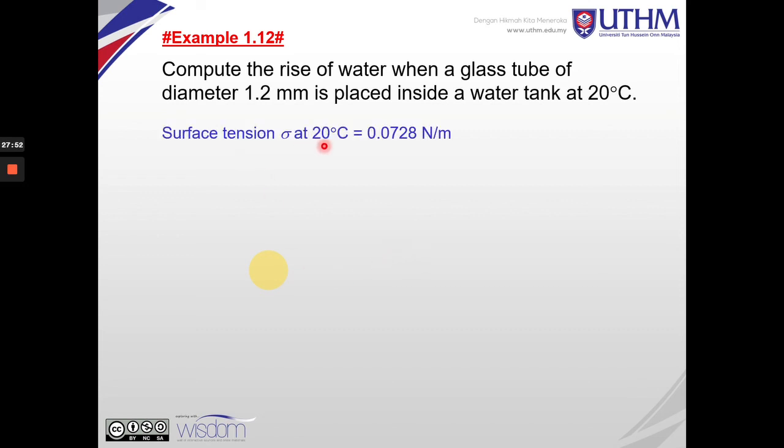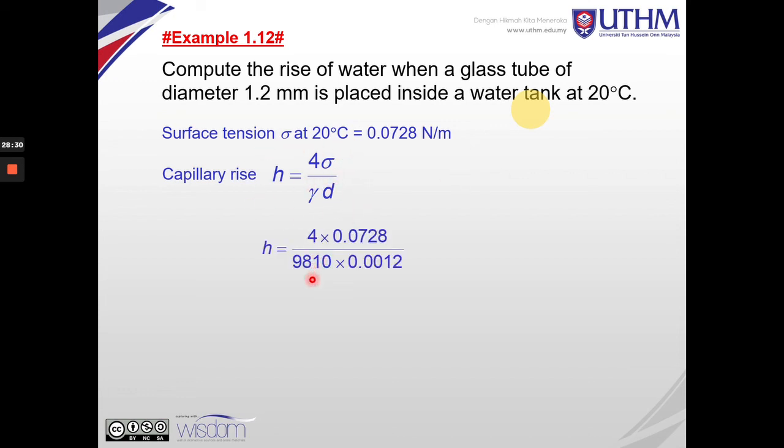We get the surface tension at this temperature from the table on the previous slide, 0.0728. For the capillary rise H, because this is water, the angle is 0, so cos 0 is equal to 1. So we just use this equation.